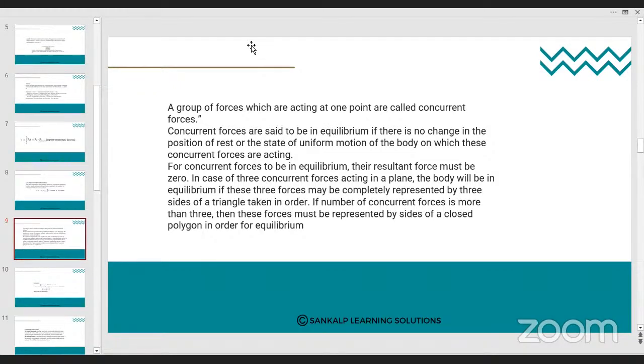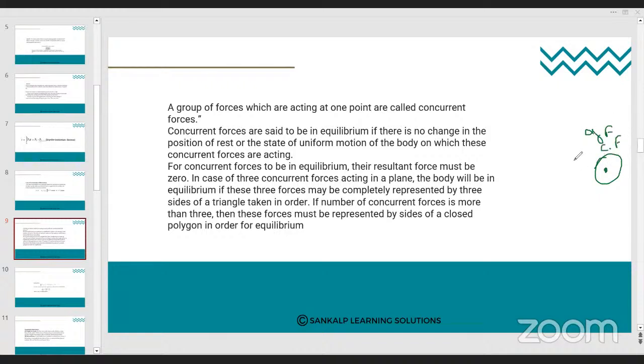For example, if you have any one object here, a number of forces are acting on this object. Consider the planets revolving around the sun. Here gravitational forces, centripetal forces and centrifugal forces are acting on the body.